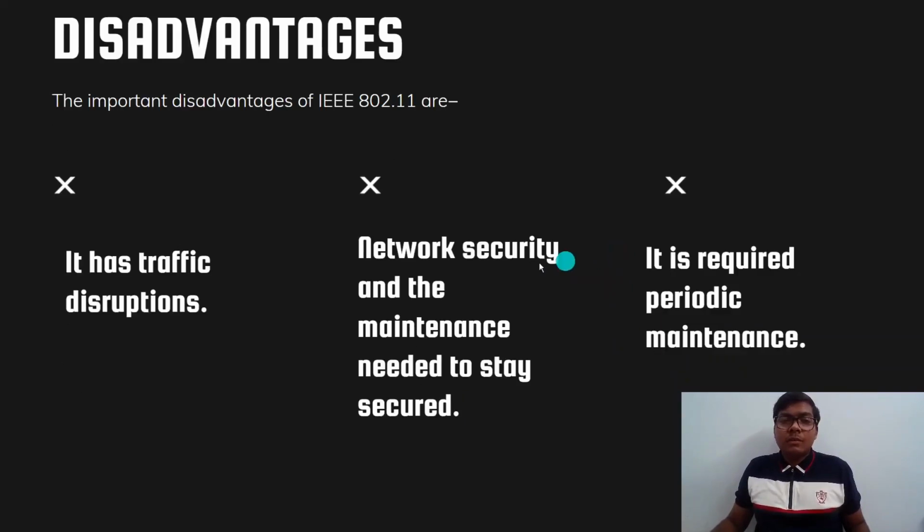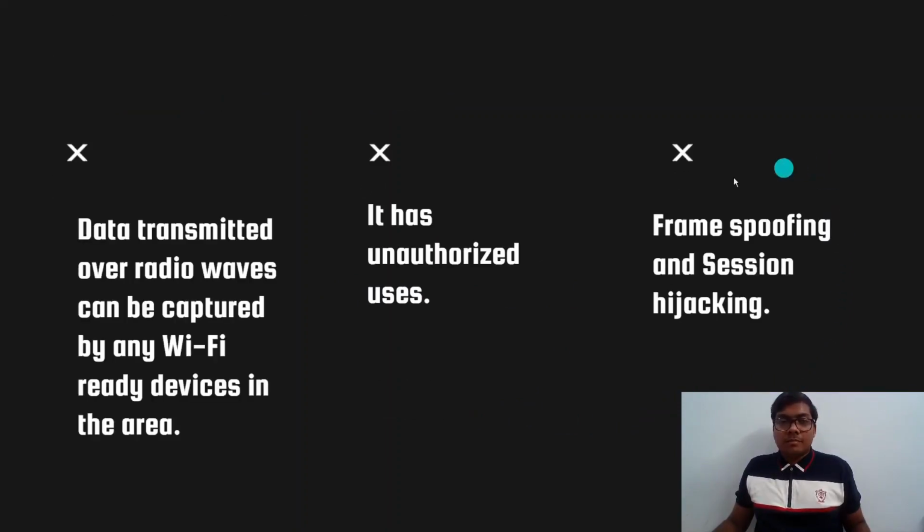Now let's get into the disadvantages. A few of the most important disadvantages of IEEE 802.11 are: it has traffic disturbances. The disturbances are really very disadvantageous. Network security and the maintenance needed to stay secured; it requires periodic maintenance.